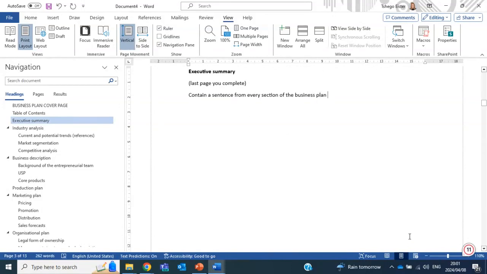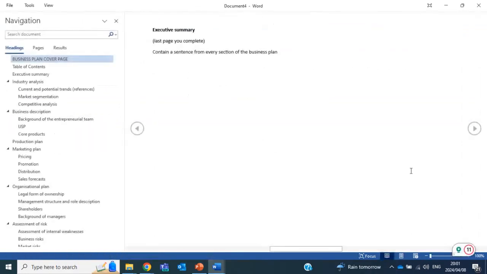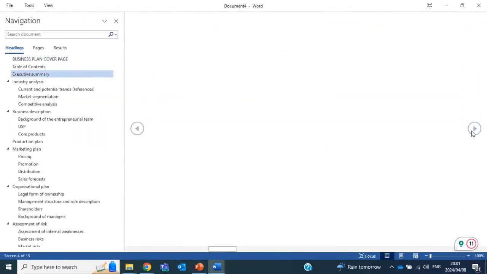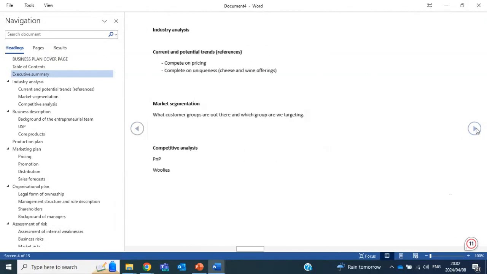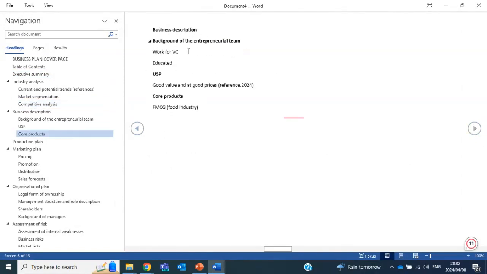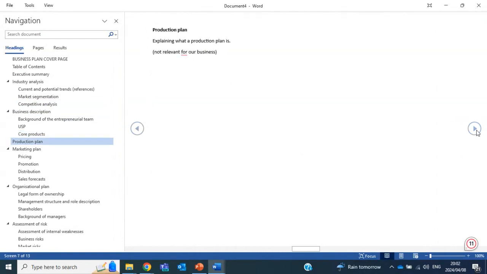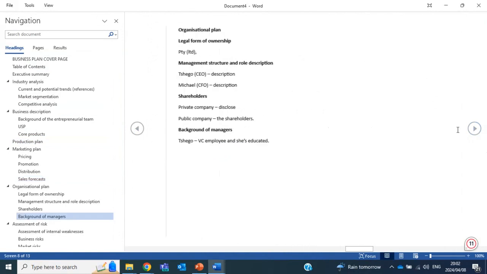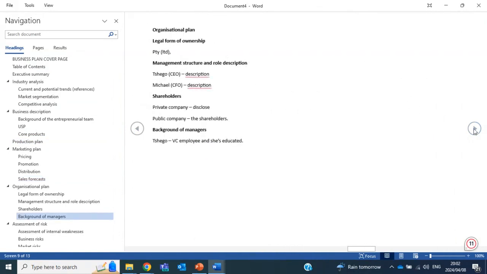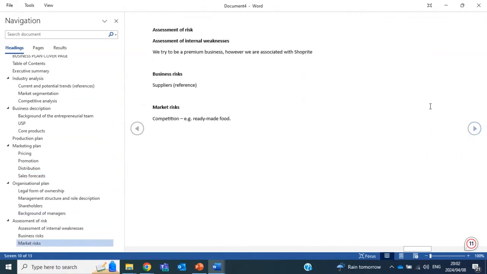So in other words, your executive summary would basically say, this is my industry analysis, what is going on in the industry. You'll have a sentence on the business description of Checkers or whatever your business is, the production plan, if you have any, the marketing plan, the organization, as well as the assessment of risks.